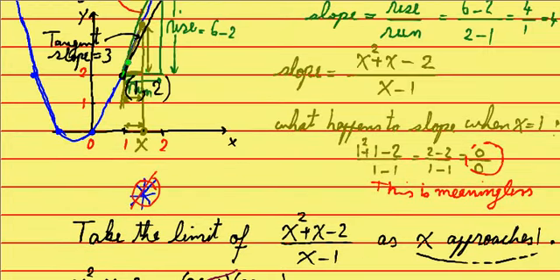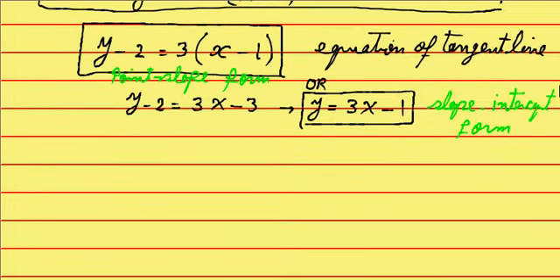If you continue the tangent line, it has a slope of 3, and its y-intercept is going to be -1, as we just discovered. So we found the equation of the tangent line.